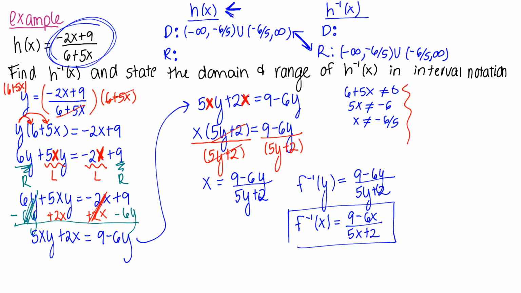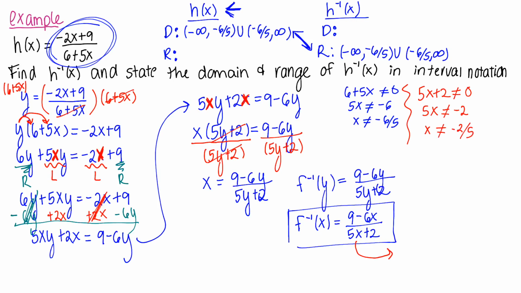So for that guy, the denominator is 5x plus 2. So I'm just going to write it up here. 5x plus 2 cannot be 0. So 5x cannot be equal to negative 2. So x can't be equal to negative 2/5.